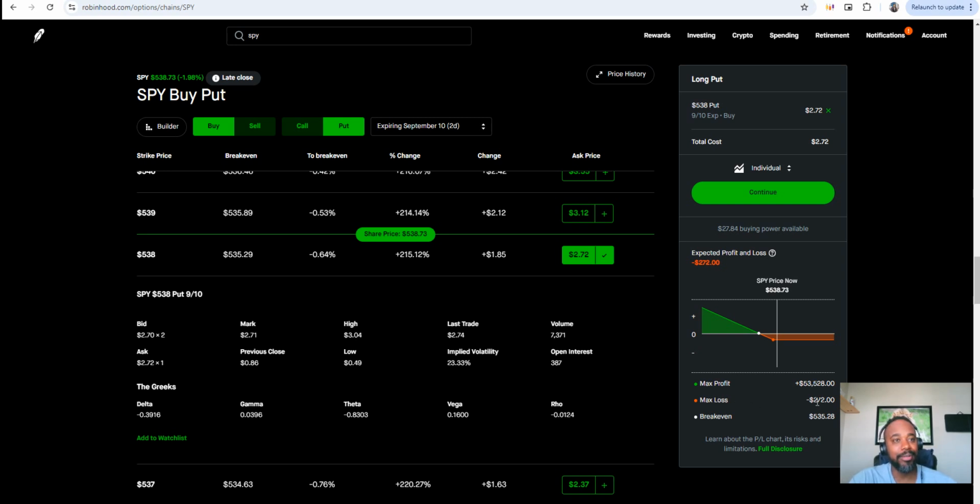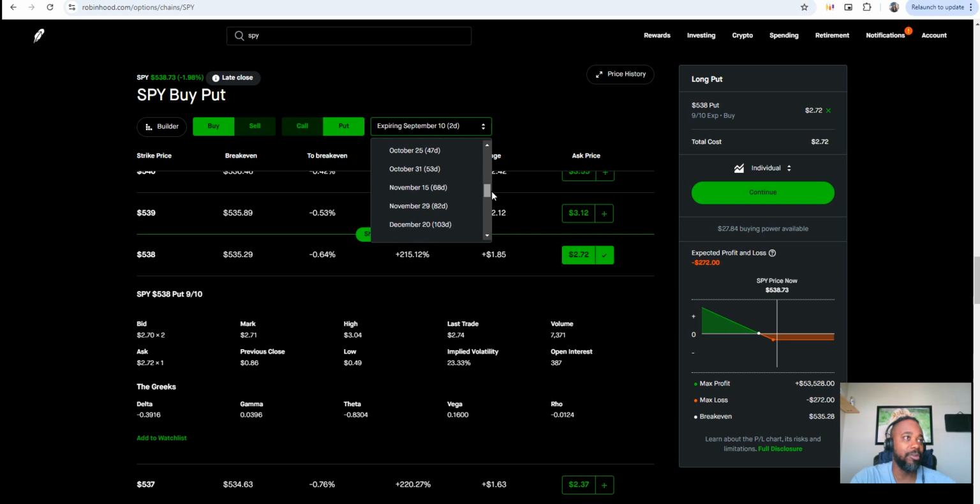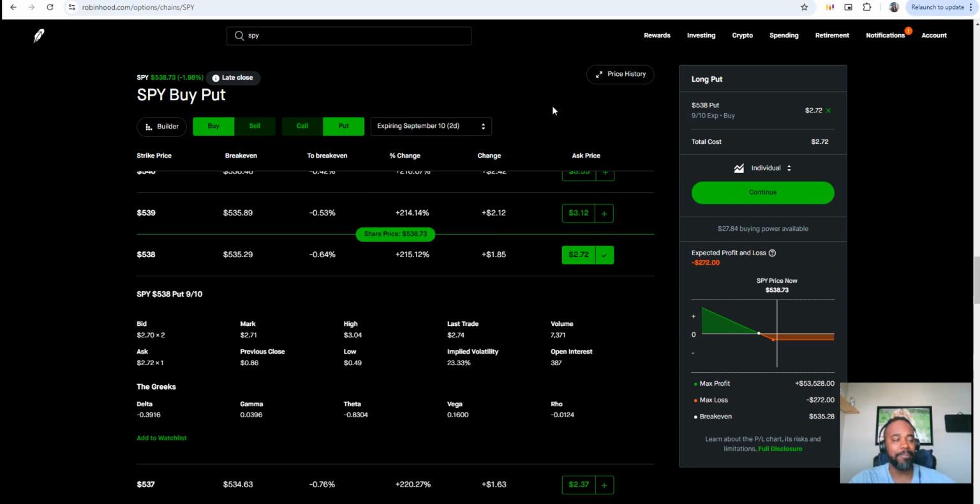But remember, you're using $272 of collateral, so you want to make sure you use a stop loss because you don't want to get caught holding the bag, trying to fight your way back, average your way out, and steadily losing money due to this time decay. So remember that. Execute your plan, have a stop loss, don't sit on them too long, or have an expiration date that goes out a little bit further that will give you enough time to let a play develop.